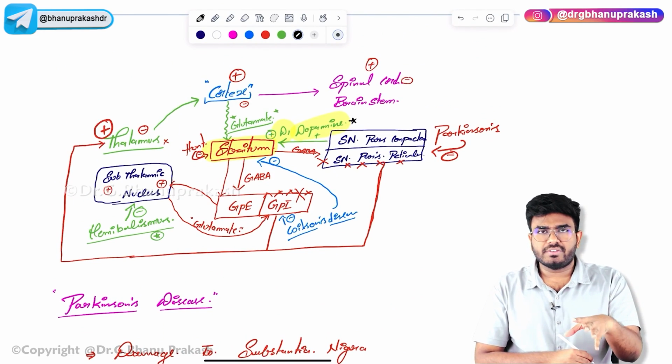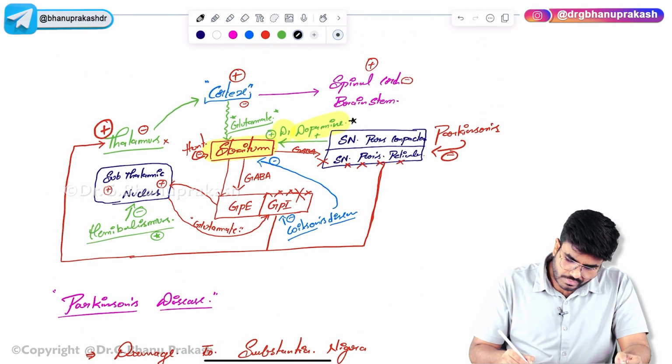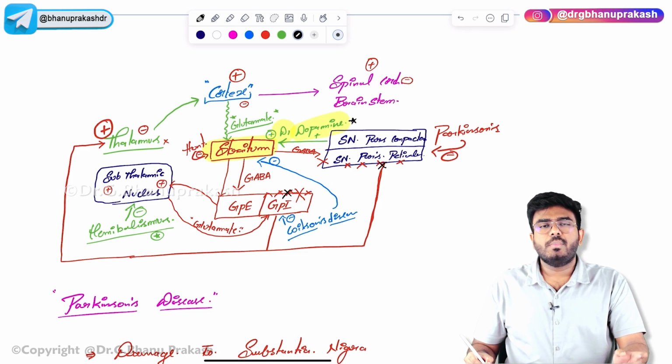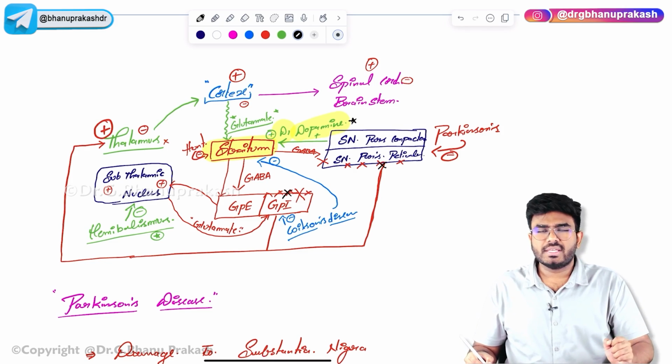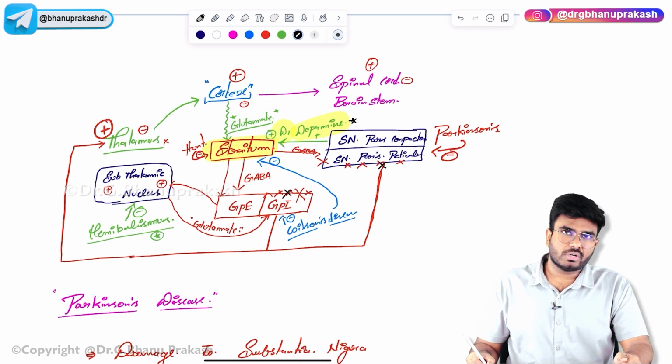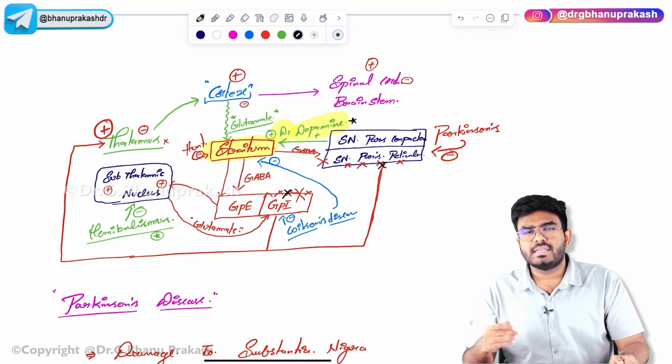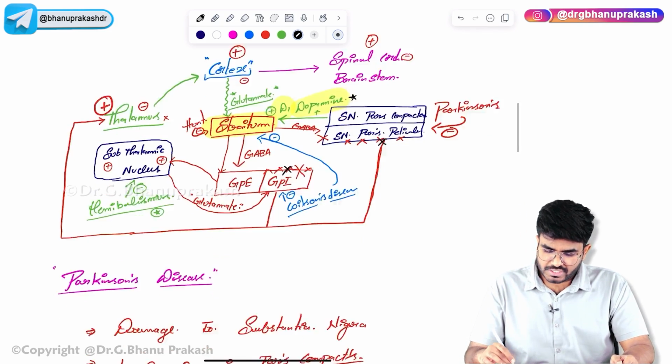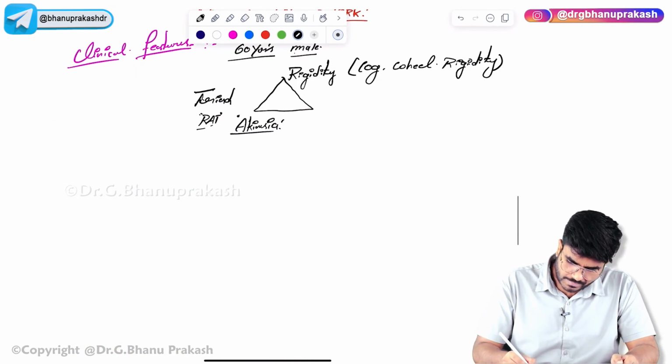Once the striatum is activated, the striatum is going to inhibit the globus pallidus internus and substantia nigra pars reticulata. But here dopamine is not there. When dopamine is not there, the initiation of movement is not going to occur. So that's why bradykinesia or akinesia.